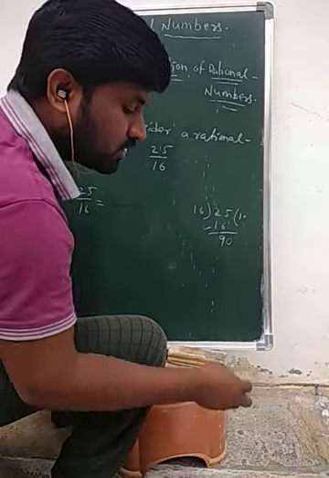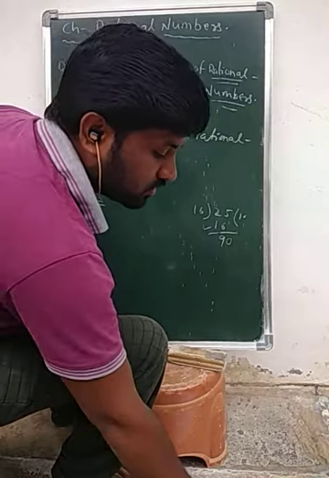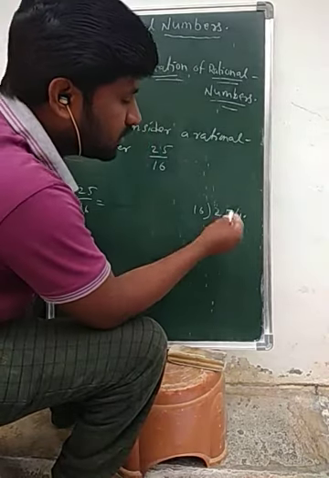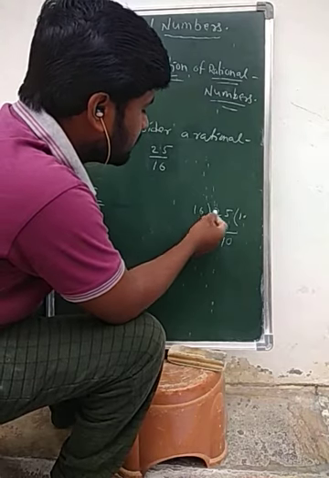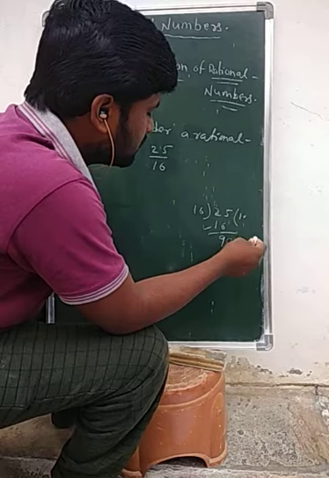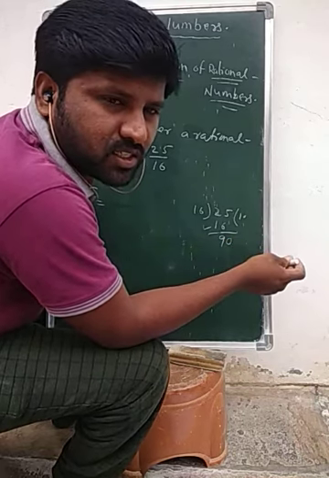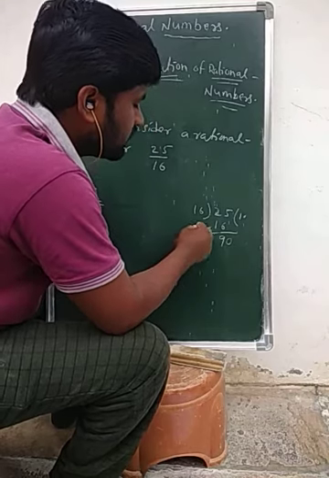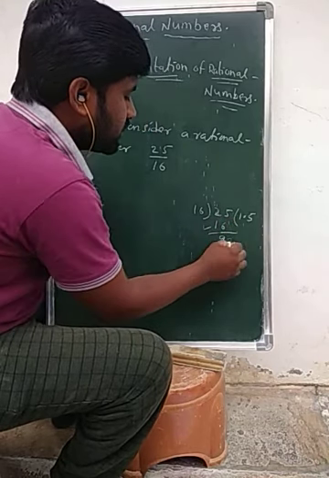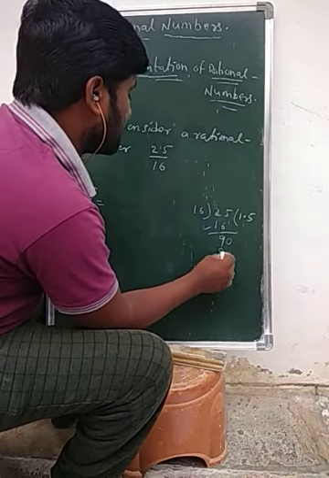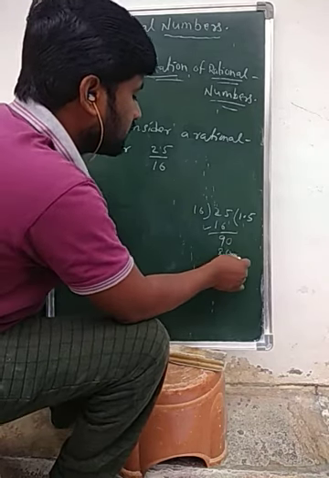By reading the 16 table, what do we get? 16 fives are 80. Next, 16 sixes are 96, which is crossed. So 16 fives are 80.